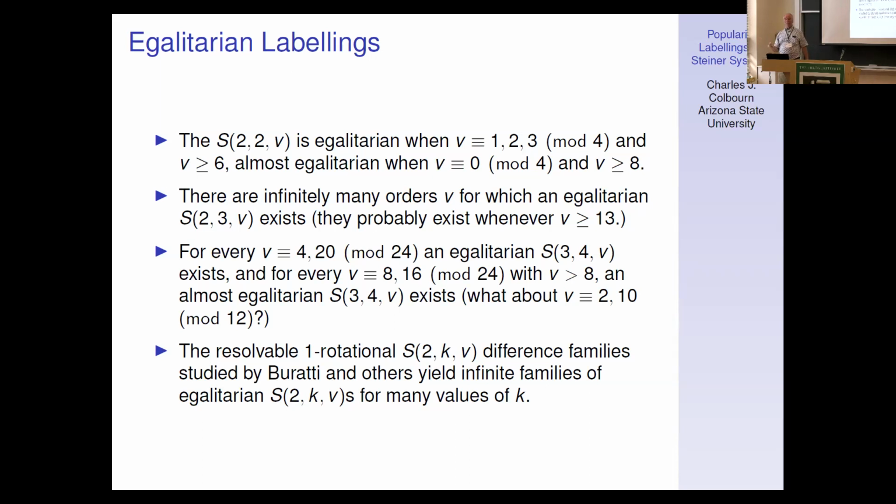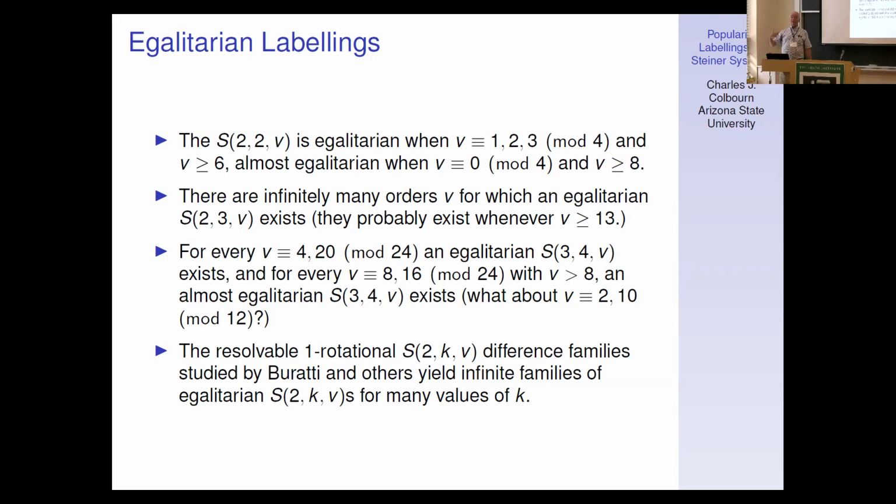And when v is 8 or 16 mod 24, you can always make an almost egalitarian system. This kills half the orders, but for the other half, all I have is a little bit of computational evidence that shows that, yeah, the answer should still be yes, but I really don't have a strategy for how to prove that.